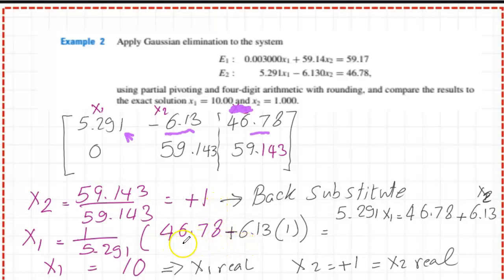This value, 46.78 plus 6.13, will give us 52.91, divided by 5.291 will give us x1 equals 10, which is the same as the exact solution of x1 equals 10, and x2 as well is equal to x2 real.